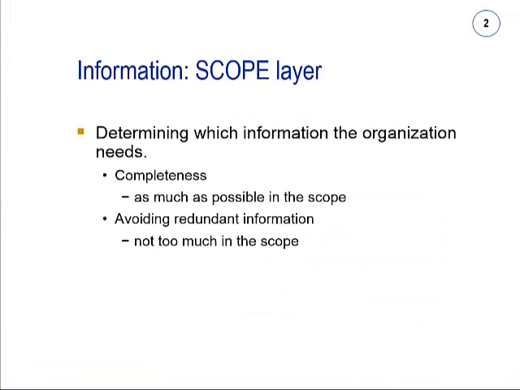Within the scope layer, one needs to determine what information the organization needs. Obviously, this will depend upon the business process. Whether you are working in marketing, HR, production and logistics, or IT, the information needs will be different.